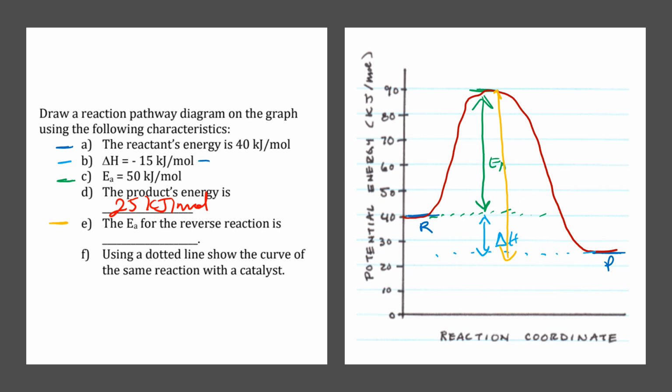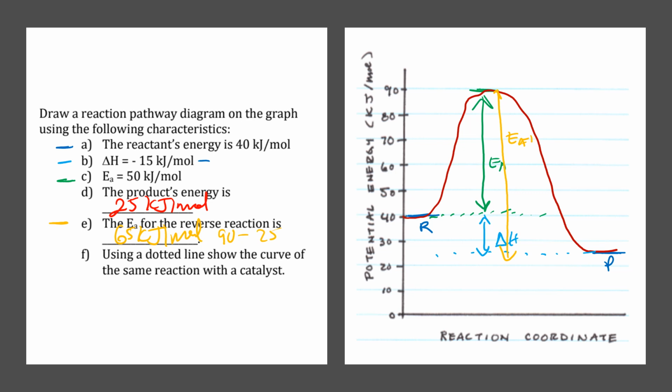I would label that EA -1 because it's reverse. So how do you get that? Remember, it's your transition state minus your products, so minus 25. It should be about 65 kilojoules per mole.